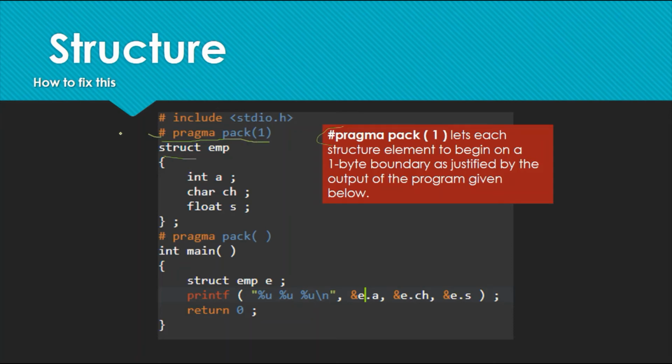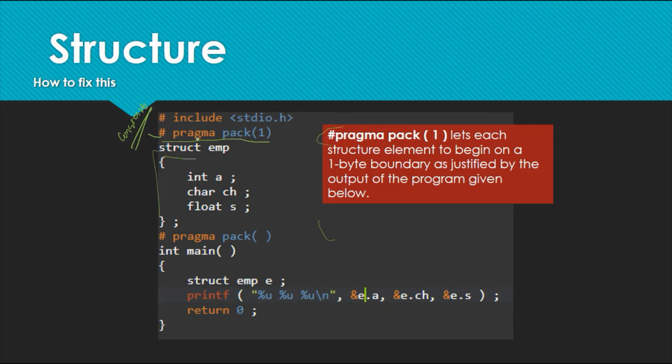This will be considered a constant thing that you will look for if you use the structure in your code. Because in this way, you can instruct your C code to place the structure members aligned tightly.